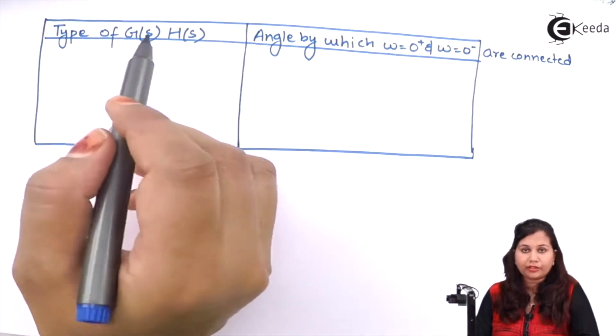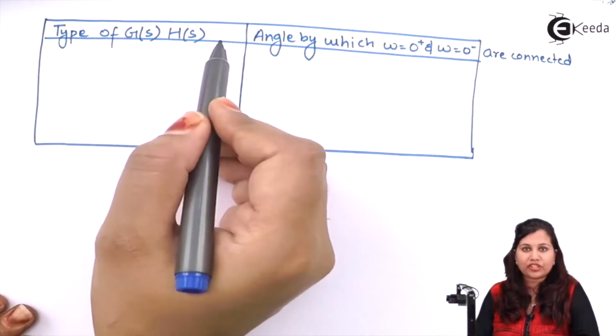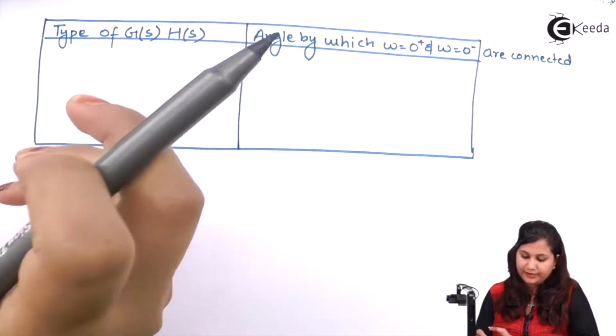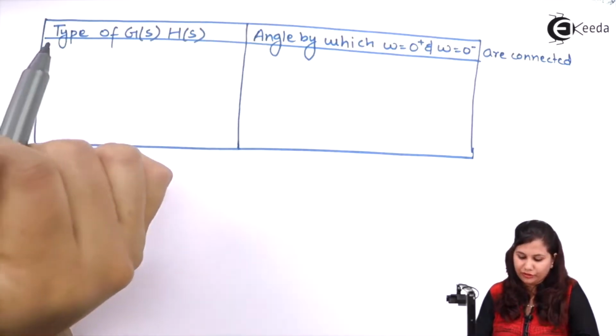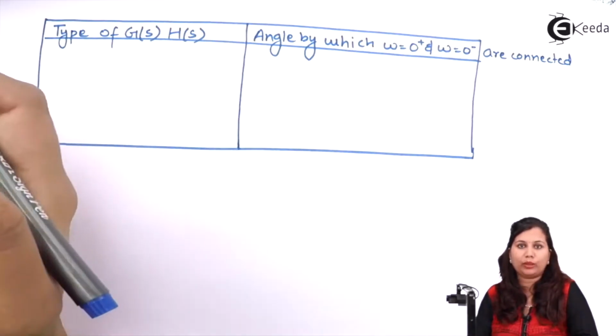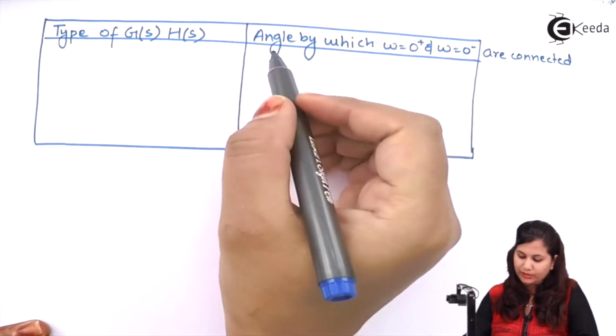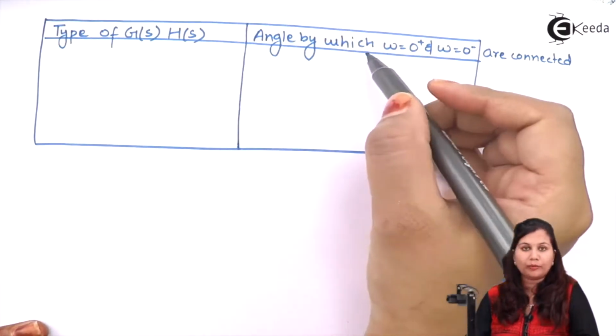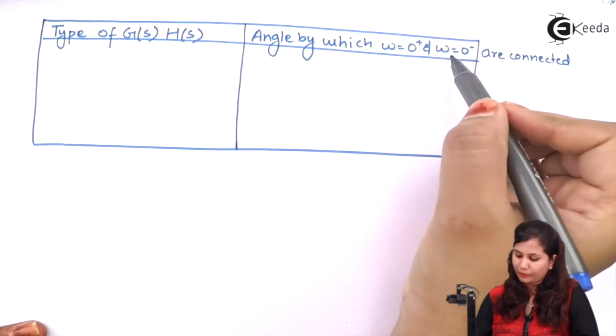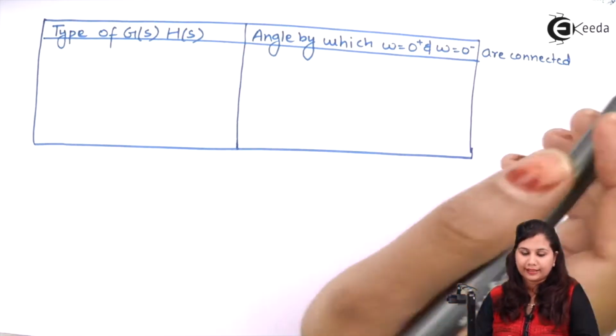The first part shows the type of G(s)H(s), that is, whether our transfer function is a type 0, type 1, or type 2 system, and the second part shows the angle by which omega equals 0 plus and omega equals 0 minus are connected.